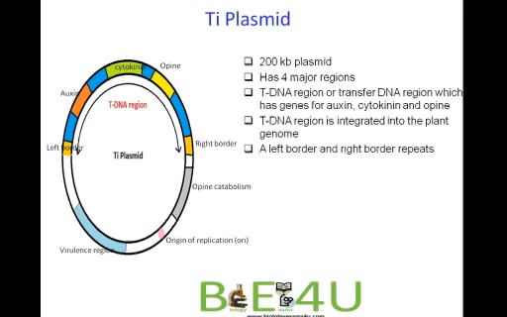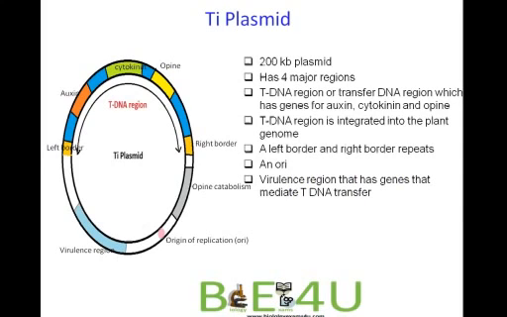The tDNA has left border and right border repeats. Then there is an origin of replication, then a virulence region that has genes that mediate tDNA transfer, and an opine catabolism region that has genes for opine utilization.